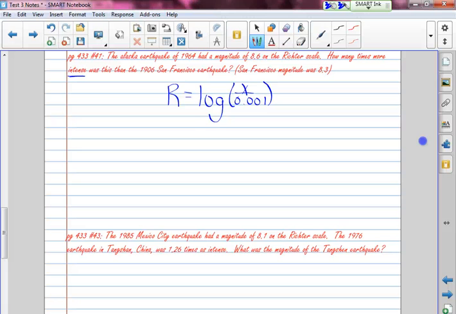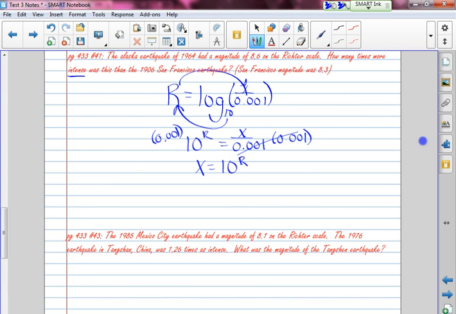The common understood base is 10. So 10 to the magnitude on the Richter scale equals x over 0.001. And then you have to multiply by 0.001 on both sides. So x equals 10 to the magnitude times 0.001.